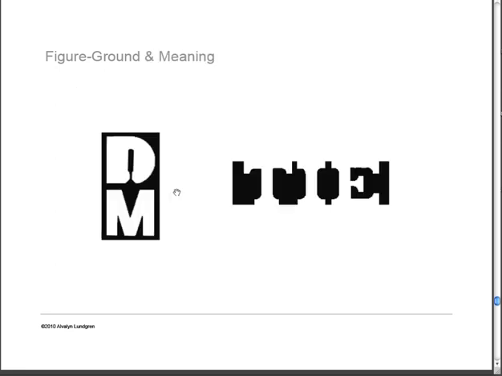Figure ground and meaning. If you're aware of logo design and things like that, you should be aware of a lot of figure ground reversals and negative shapes and things like that. So we look at the logo that's there on the left, the DM.